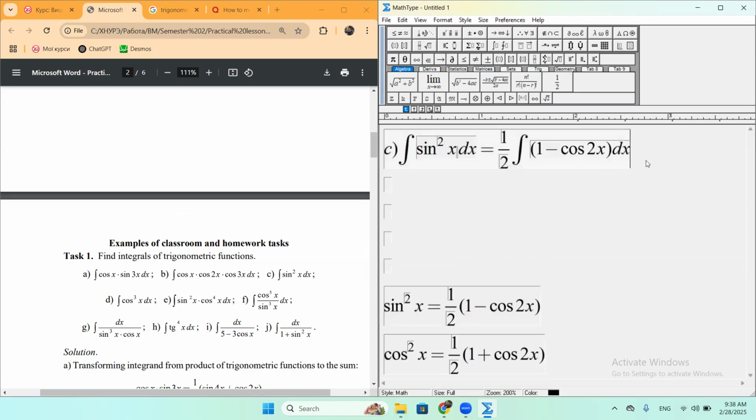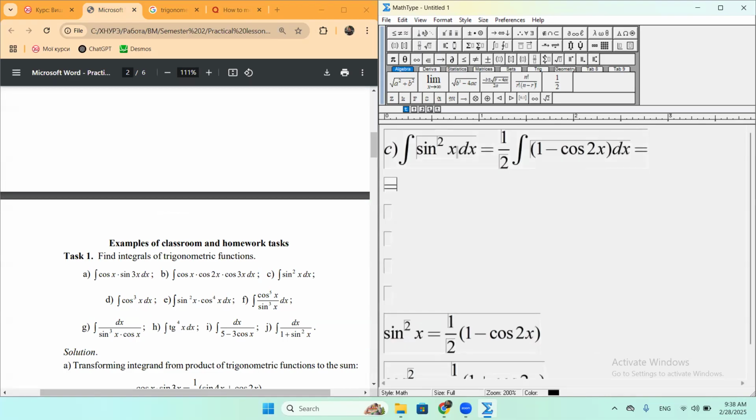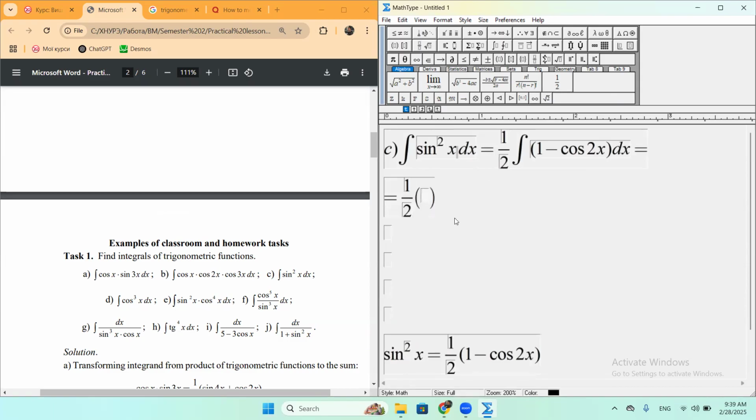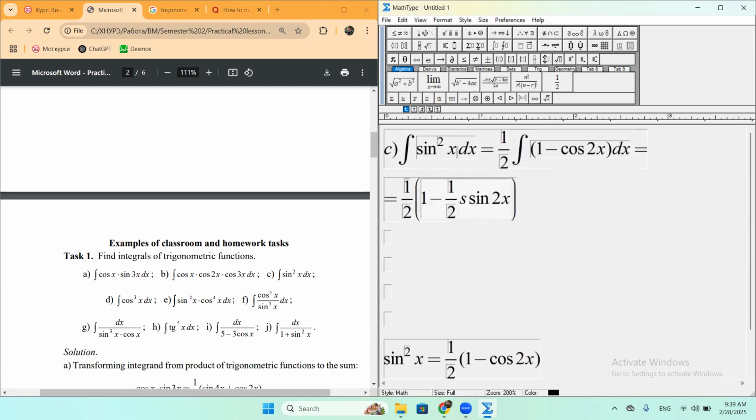So it is transformed to the sum, not sum, difference. Okay. And we can integrate this expression: x over 2 minus 1 over 4 sine of 2x plus constant. So any questions about this exercise?